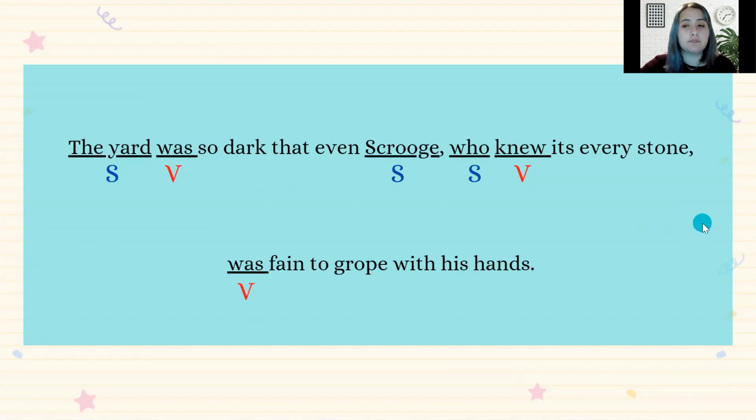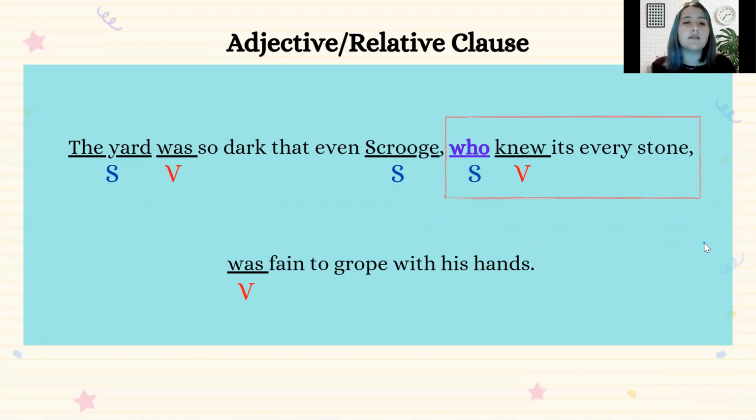Scrooge. The linking element is who, and it introduces the subordinate clause, and we can ask the proper question. So, what kind of Scrooge? The one who knew its every stone.